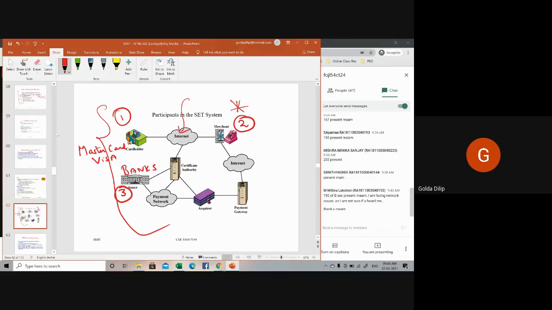Banks are the issuers who will be issuing this payment card, be it a MasterCard or a Visa card, to the user or the card holder. In our case, it will be the bank which will be responsible for the card holder's debit payment. So that's the third one, the issuer.